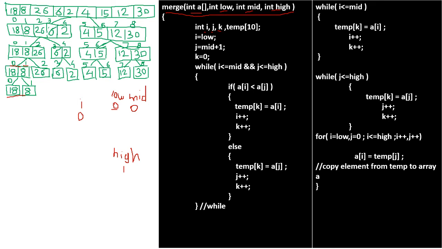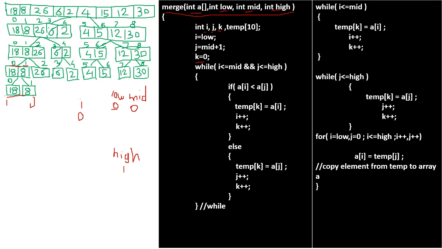And then j is equal to mid plus 1, meaning j indicates the second subarray, that is the second half of the array. Here i is at this position and j is at this position, and k is equal to 0, meaning k is initialized to 0. It indicates the index of the temporary array. We should maintain one temporary array also. We will see that concept later.